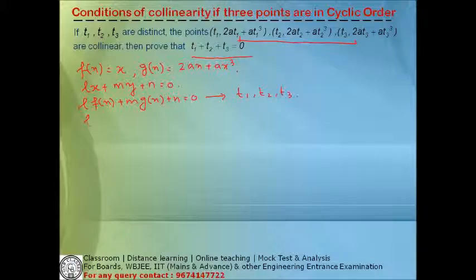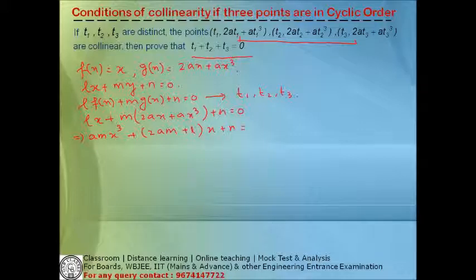So we are getting l times f(x). I'm just replacing the value of the functions and then I will rearrange the equation in the descending power of x. So we are going to get something like this, plus lx plus n equals 0, right?